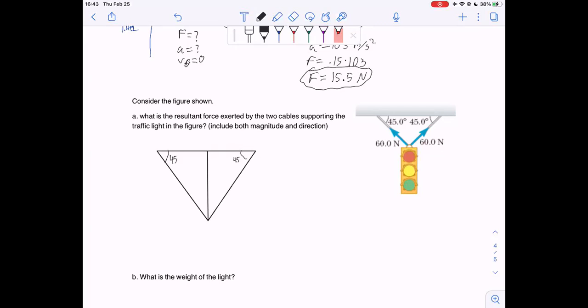So what's going to be our horizontal component? So our horizontal is going to be 60. Do what? 84.5.